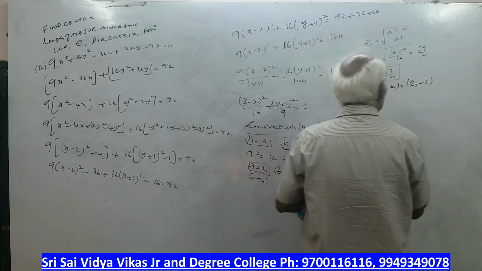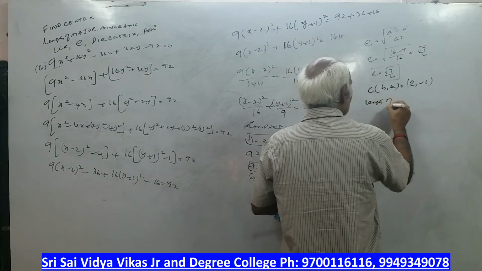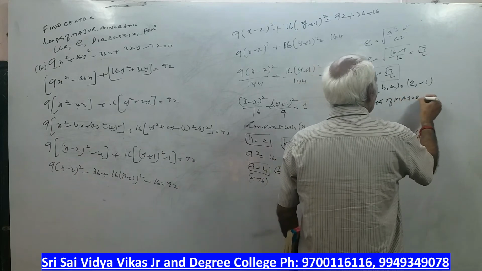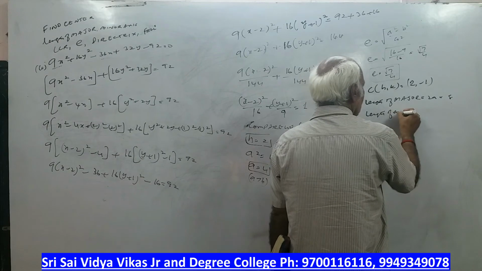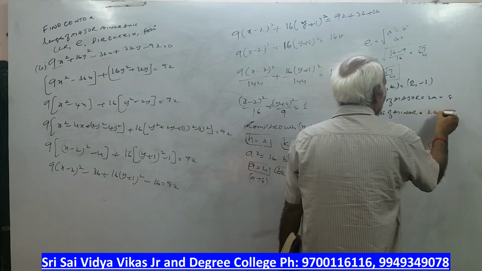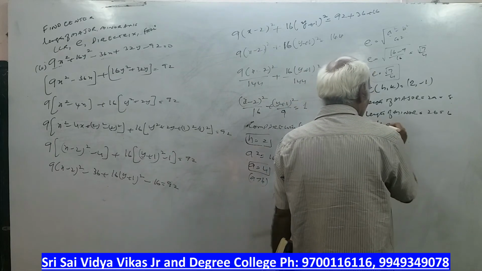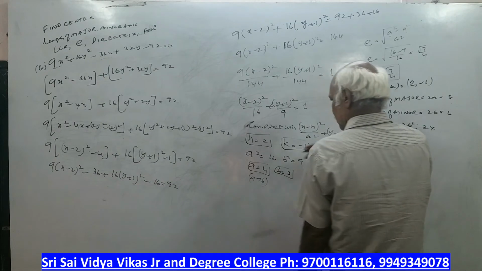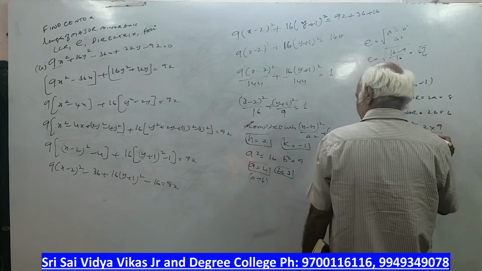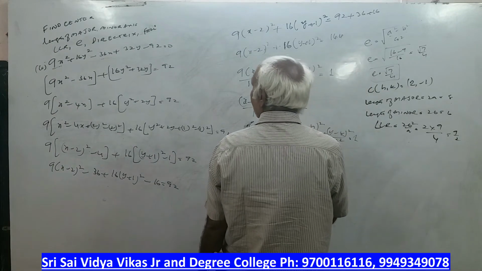Observe here. Next, the length of the major axis is 2a, which is 8. The length of the minor axis is 2b, which is equal to 6. Next, the length of the latus rectum is 2b square by a. 2 into b square is 9, by the a value 4, which is 9 by 2. So we have finished. Now e is also found, so we find the directrix.